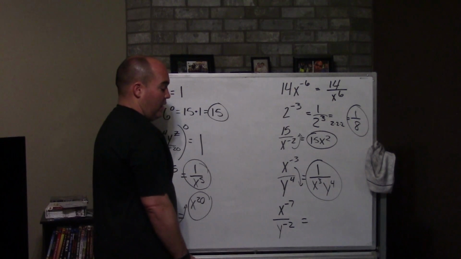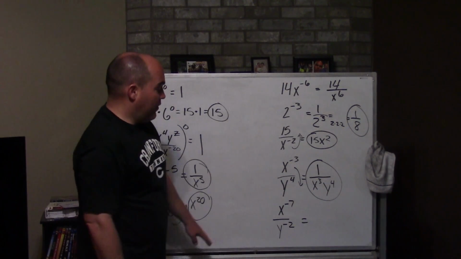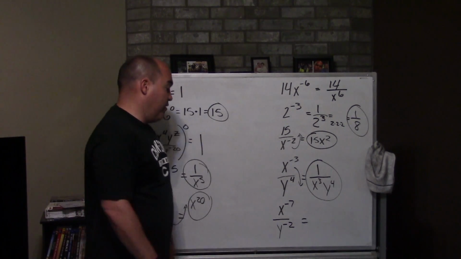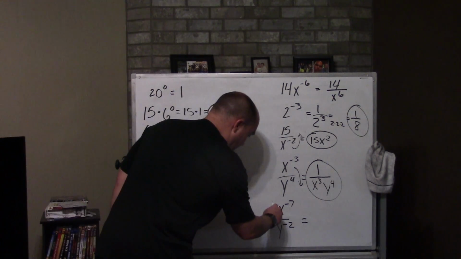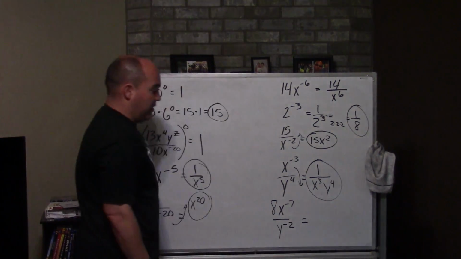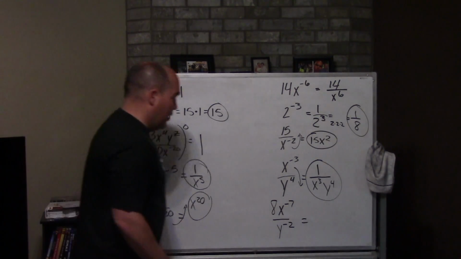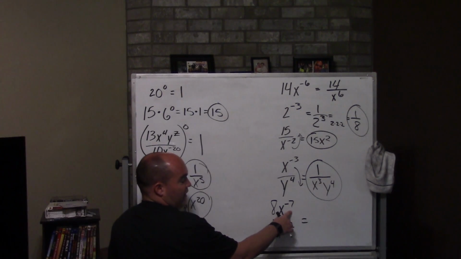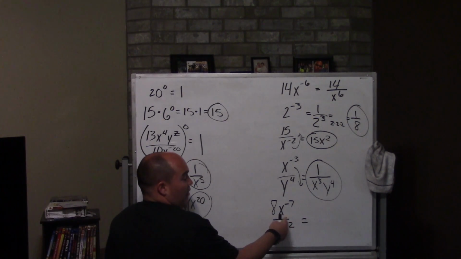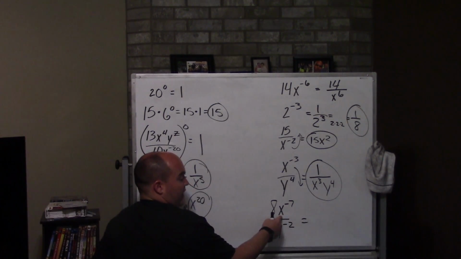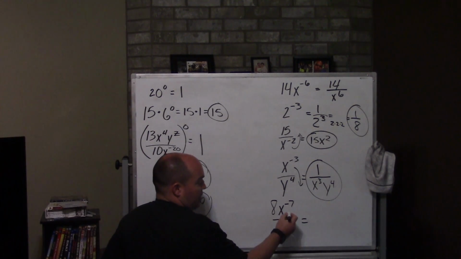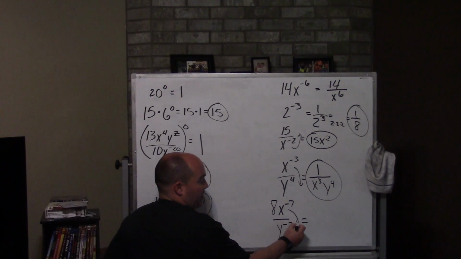Alright, and then this other one, we've got 2 negative exponents in here. Let's go ahead and add a number in here. We'll make this 8x to the negative 7. So if I have 8x to the negative 7, remember the negative 7 is only next to the x. The negative 2 is only next to the y. So the x to the negative 7 has to go to the bottom.